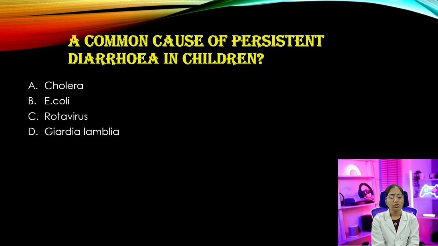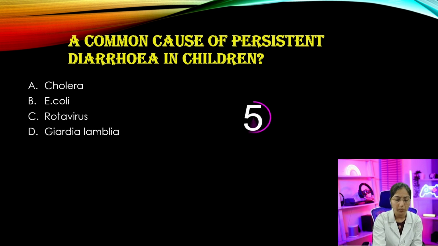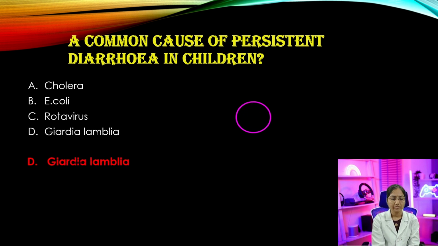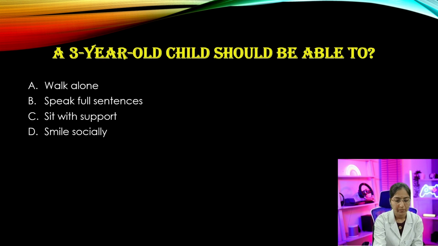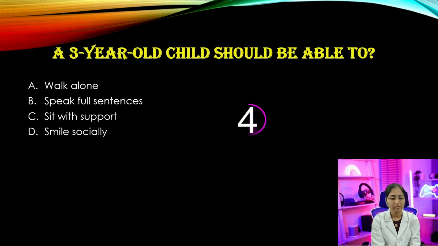A common cause of persistent diarrhea in children. Options given below. So it is Giardia lamblia. Next question. An old child should be able to. These are the options.